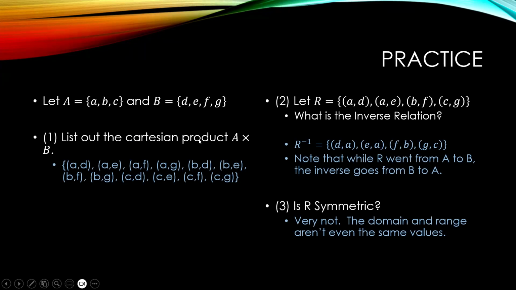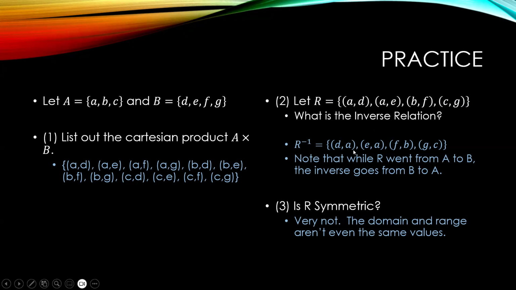So the Cartesian product, we had 3 elements here and 4 elements here, which means we're going to have a total of 12 elements. AD, AE, AF, AG, BD, BE, BF, BG, CD, CE, CF, CG. For this one, let R be equal to {AD, AE, BF, CG}. Well, the inverse, we're just going to flip them.